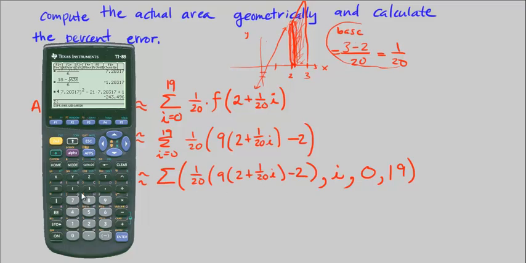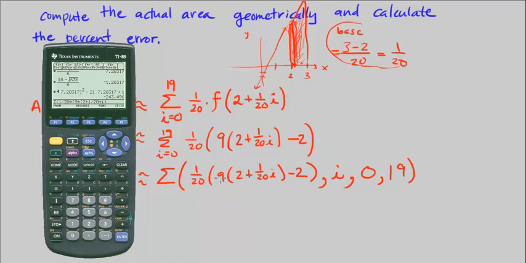So the expression is 1 over 20 times parentheses, 9 times open parentheses 2 plus 1 over 20 times I. I is above 9, so I'm going to use alpha 9 to get I.